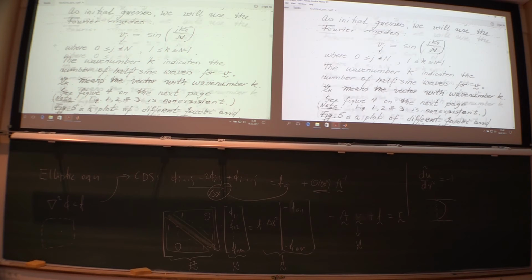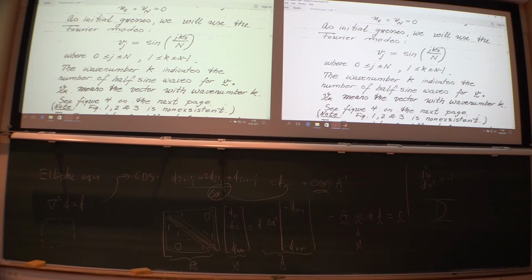So that's the idea. So here now we say k will now be a wave number, n being the total number of points that you have. Of course, it's then limited how many waves, how many sine waves can you graphically draw with only n points.